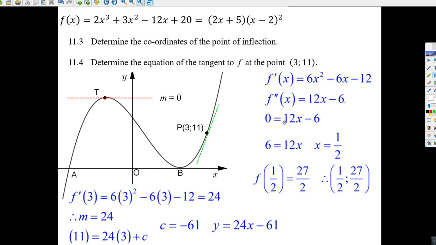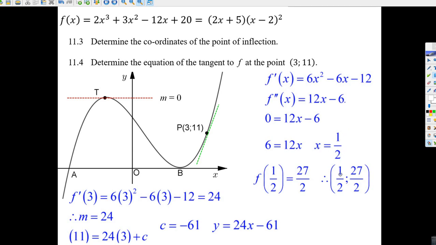And if you want to find out where the inflection point is, you make it 0. Where it's changing from concave down to concave up, where it changes concavity, that's called an inflection point. So we just add 6 and divide by 12, and we get the x-coordinate of the inflection point is 1/2.